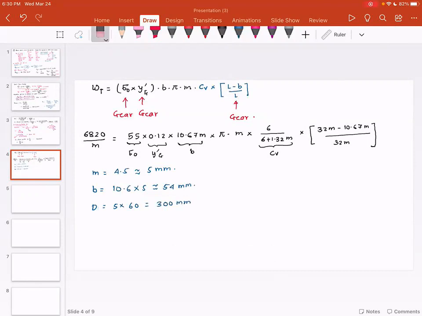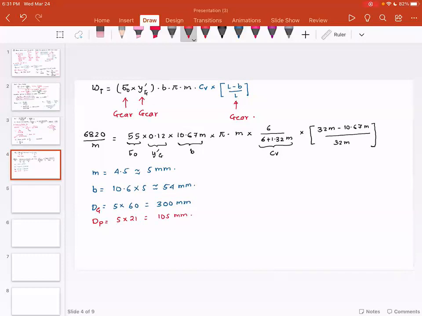And dP is equal to 5 multiplied by 21, which is 105 millimeters.